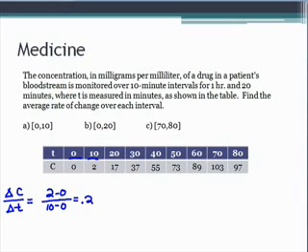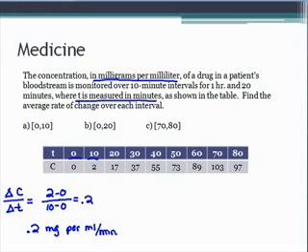And this is a rate of change, so remember this is 0.2 milligrams per milliliter, where t is measured in minutes, so per minute is how we would put a label on that.